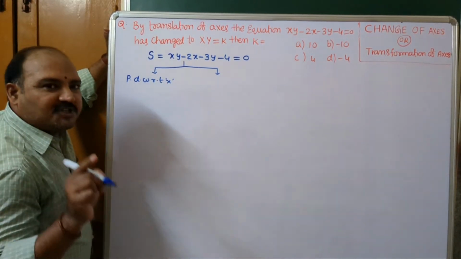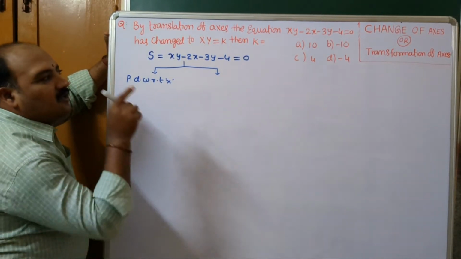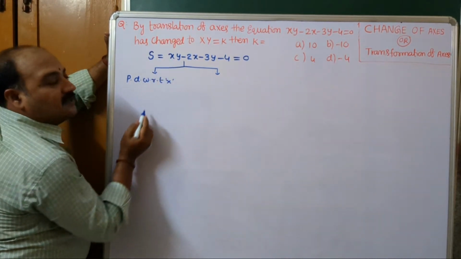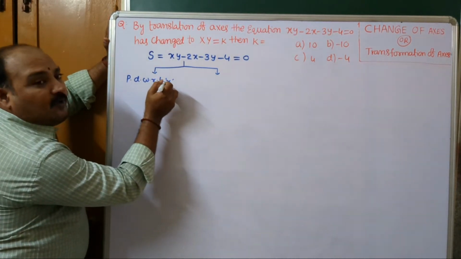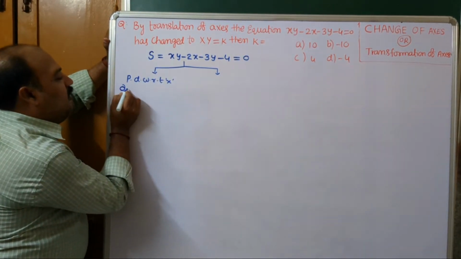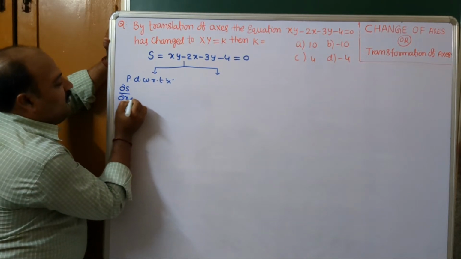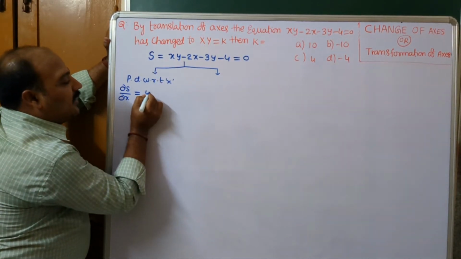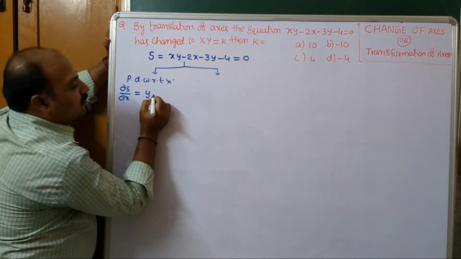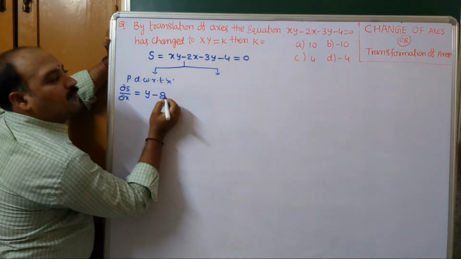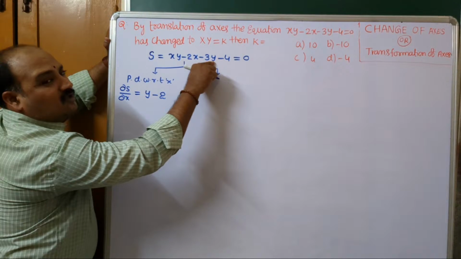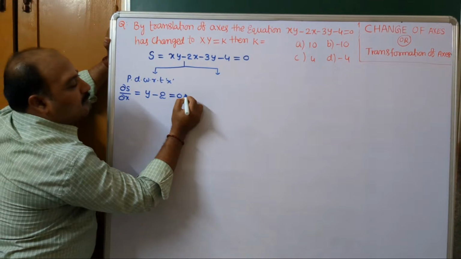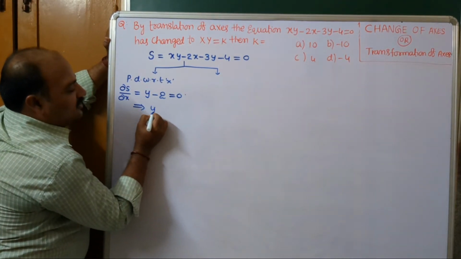Whenever you are partially differentiating with respect to x, we treat y as a constant. So dou S by dou x is equal to y minus 2. The derivative of 2x is 2, y is constant, 3 is constant, and the derivative of a constant is 0, minus constant derivative 0. That implies y value is equal to 2.